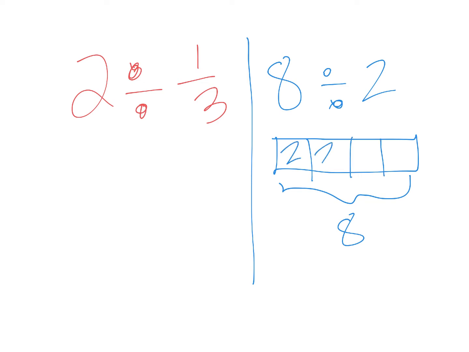Isn't it true that if you had 4 2's, that would be 8? So yeah, that answer is 4. So remember, the question is how many 2's are in the number 8? And when we look at this down here, there are 4 2's in the number 8.